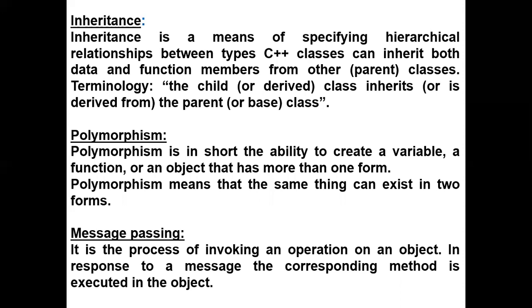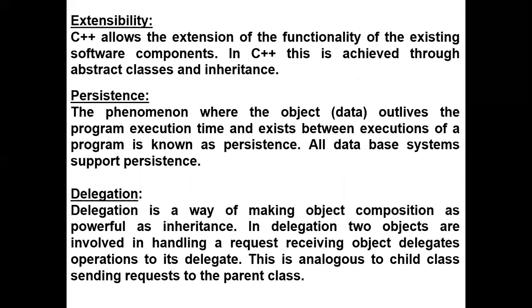Message passing means that when we want to use one property of one function in another function, we have to pass a message from one function to the other function. Here we can pass messages from one object to other objects. Extensibility: C++ is an extension, you can say, of the functionality of existing software components.